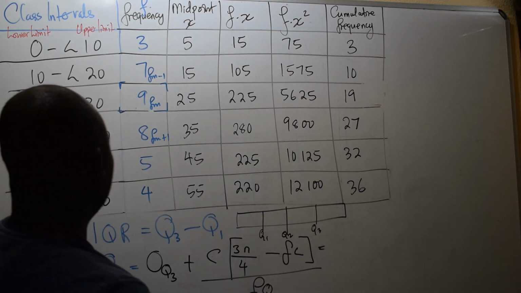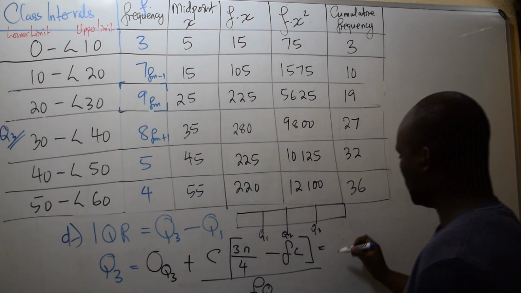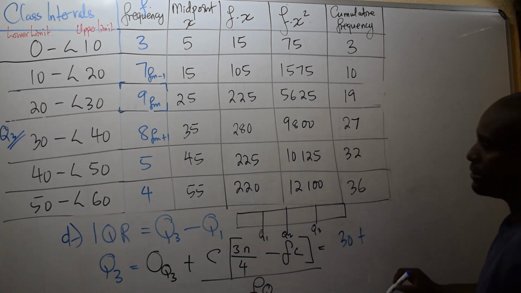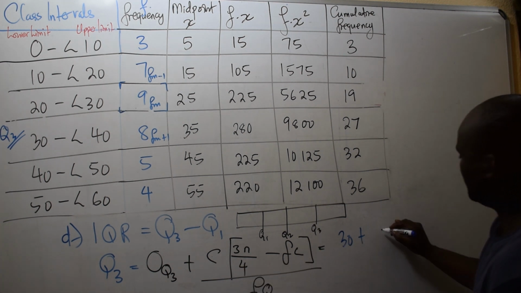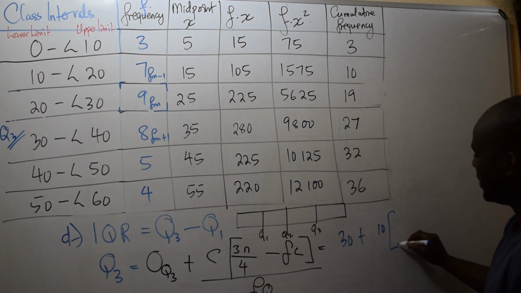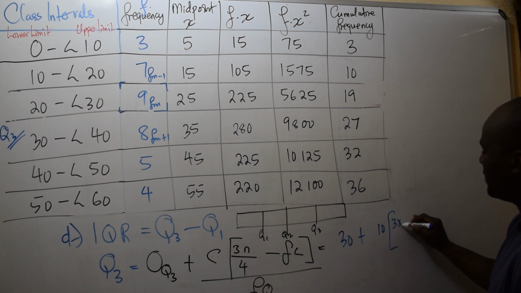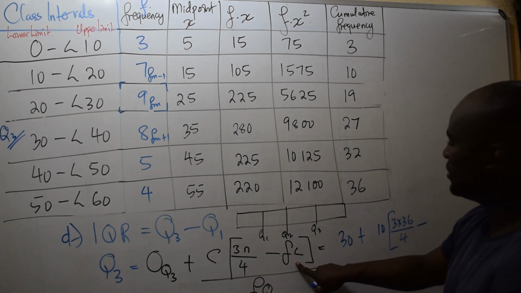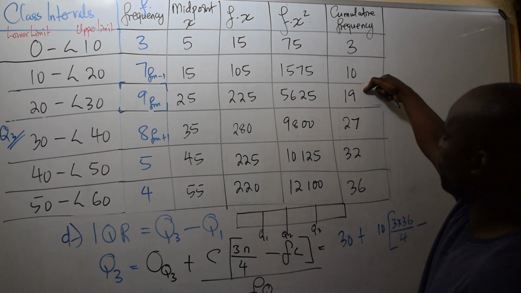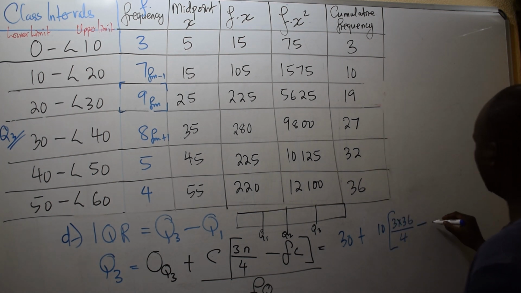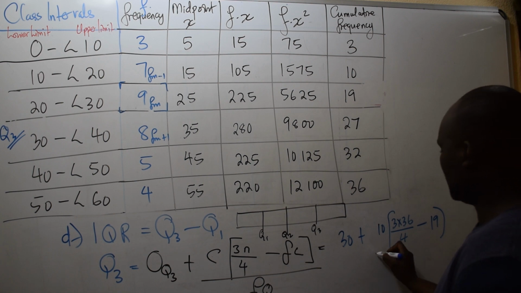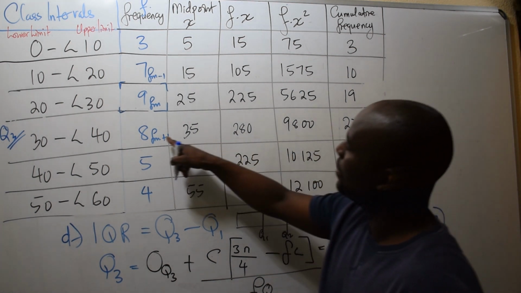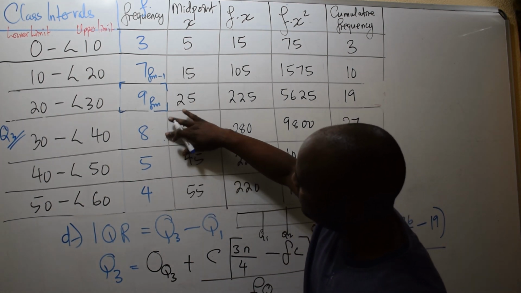Calculate by substituting. So the lower limit there is going to be 30 plus the C, which is a 10. And then we're going to say 3 multiplied by 36 over 4 minus the cumulative frequency of the class before. It's going to be this one, 19. And then we're going to divide this by the frequency of that interval.